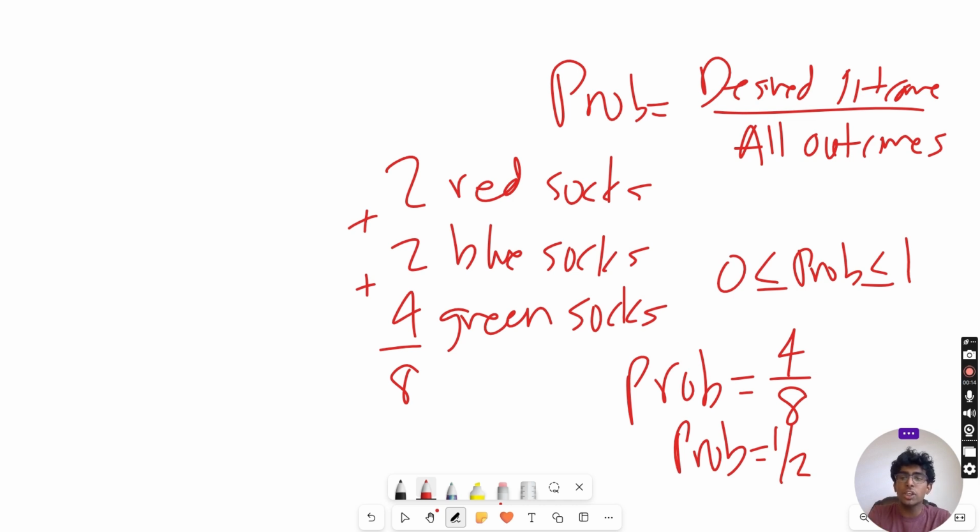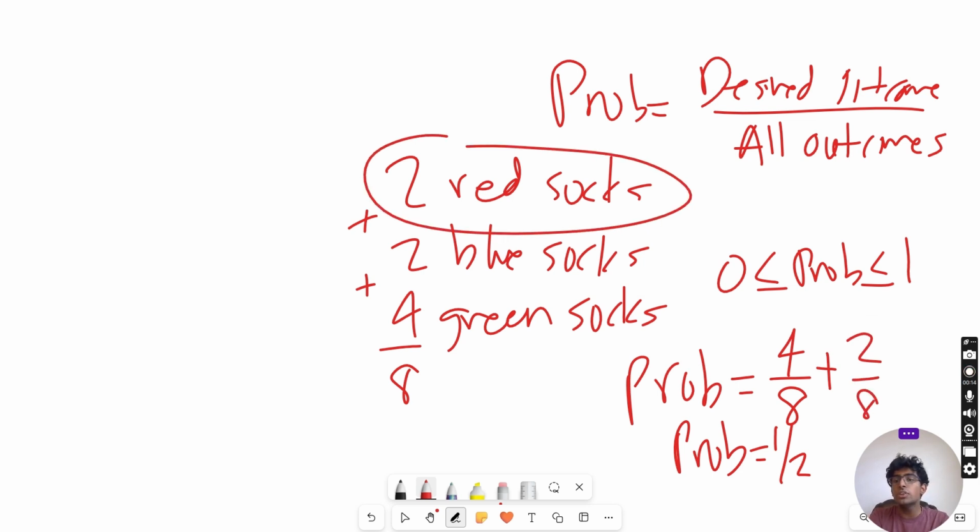In this case, you're adding 4/8 plus 2/8, adding the probability of getting a red sock. So when we do that, we get 6/8, which can be simplified to 3/4. So you have a 3/4 chance of getting a green or a red sock. So make sure you're paying attention to wording. If it's saying and, it's more likely to be multiplication for your probabilities. If it's or, it would be adding.